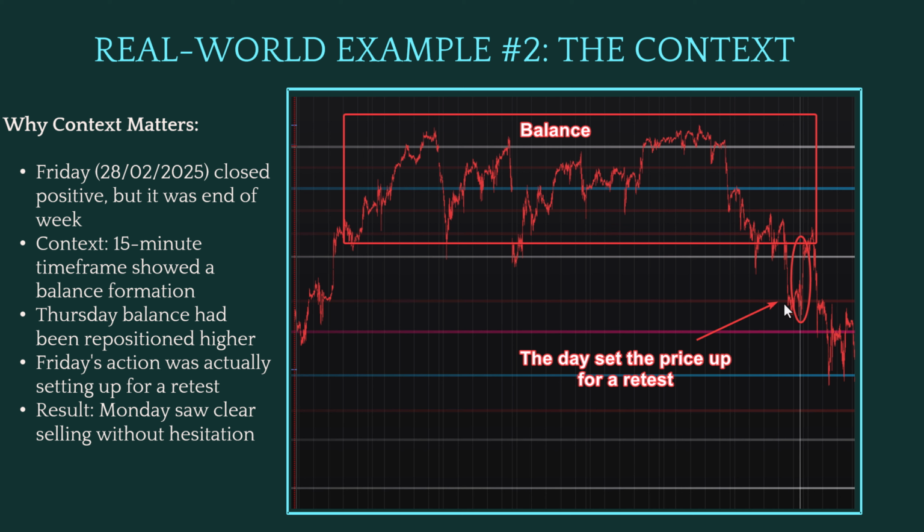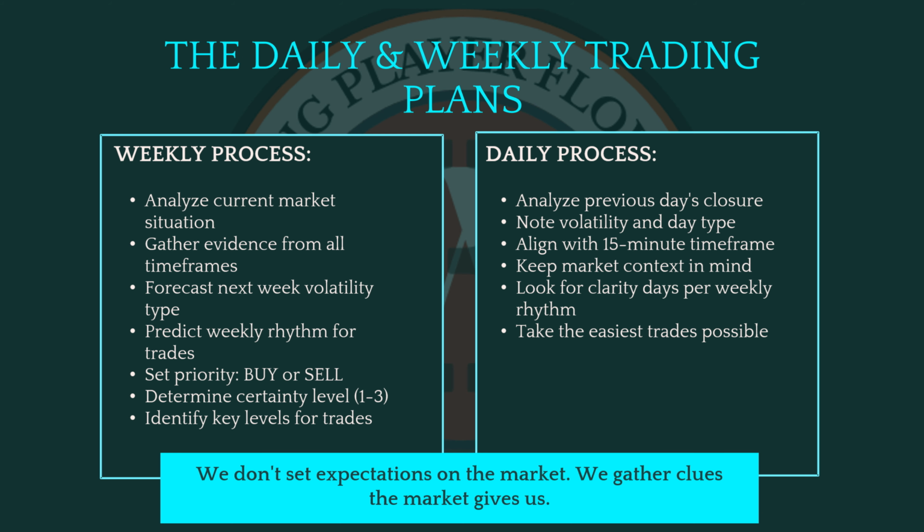Here was clear repositioning. Then the day brought the price up for a retest. And what happens after a retest? Remember? The move continuation. Exactly like it happened here. The move continuation.